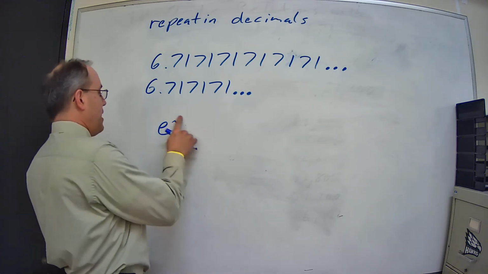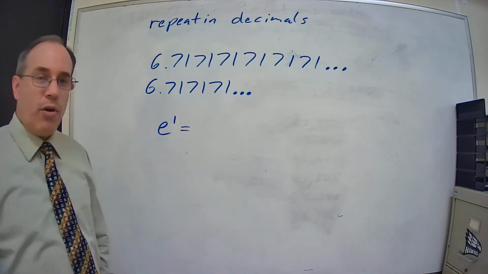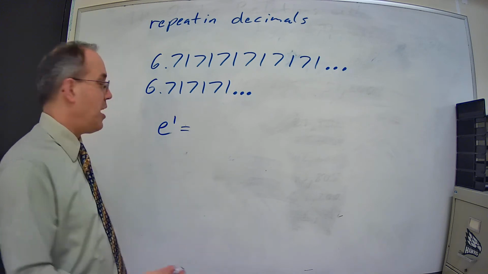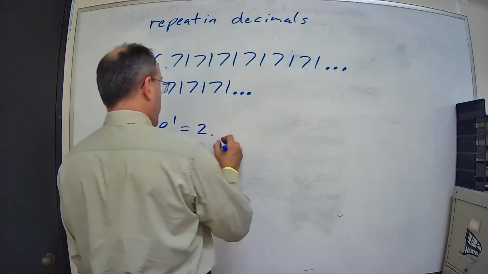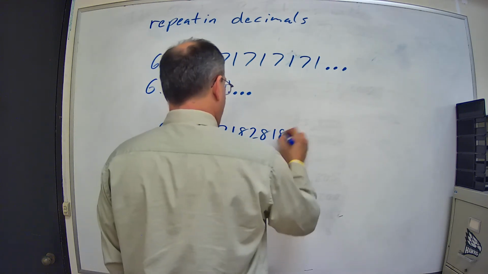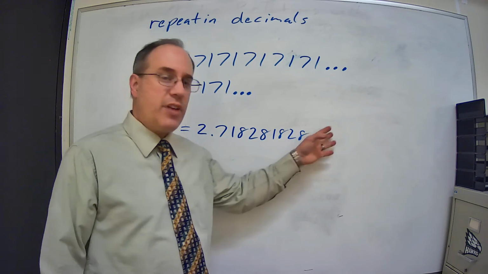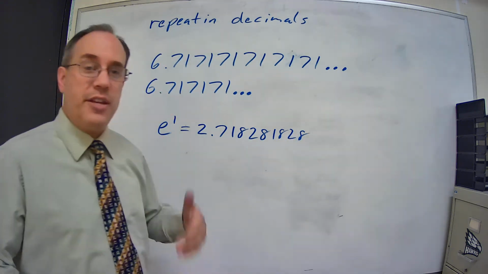If I were to take E and raise it to a power of 1, we get that Euler constant, and you plug it into your calculator, and that's 2.71881828, and then it goes on to like 5, 9, so it goes on to other digits afterwards.